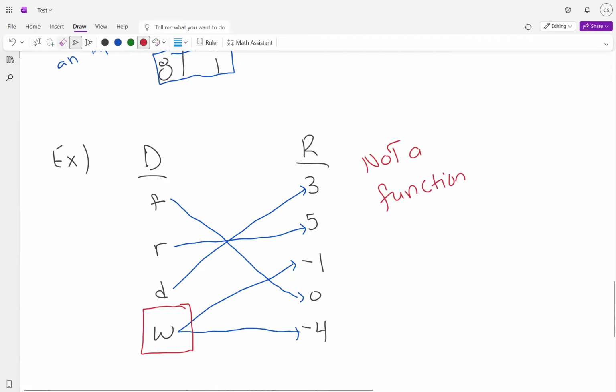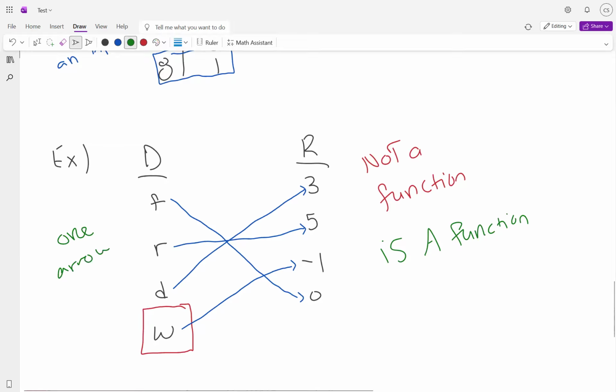So if we were to have just erased this here, let me get back that blue arrow going to -1, and instead we had this new thing, this is a function, because now everything has 1 arrow. All right. So I hope you can see that distinction.